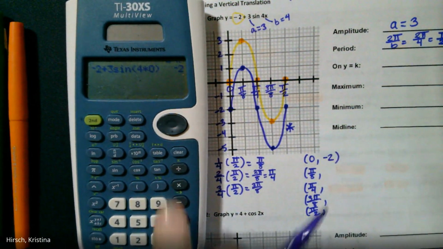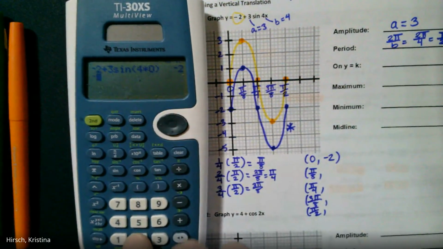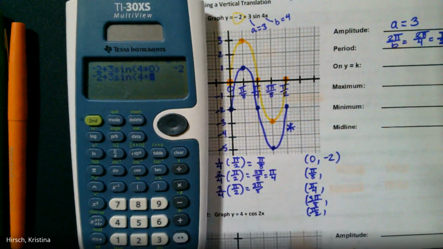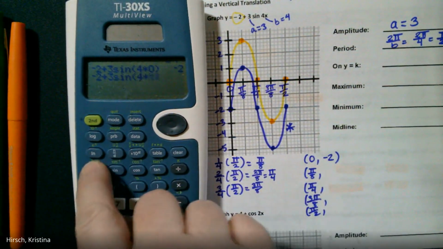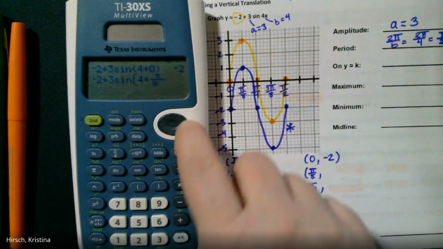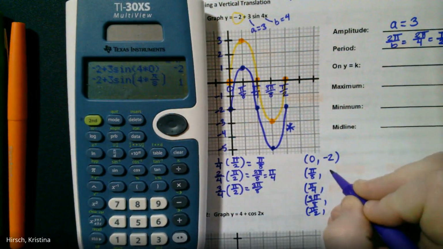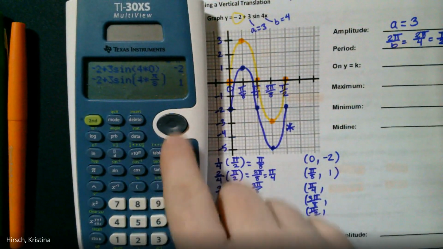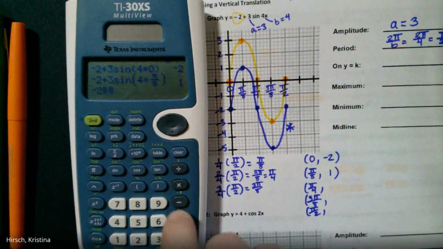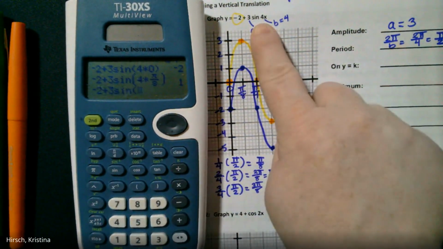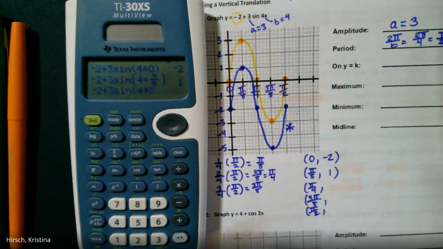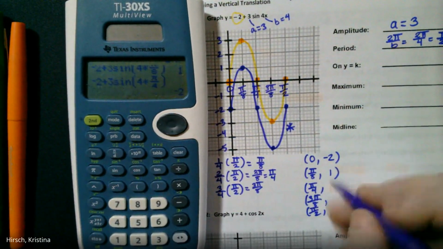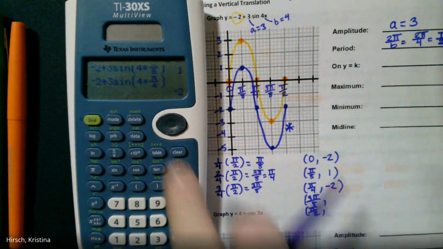All right, I'm going to do it again. -2 plus 3 sine 4 times pi over 8. And I got 1. I'm going to do it again. -2 plus 3 sine of 4 times pi over 4. And I got -2. I'm going to do it again.